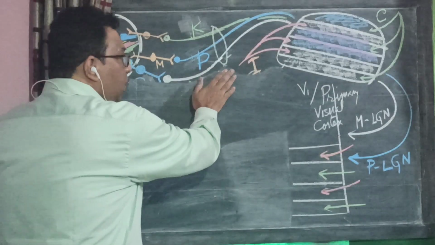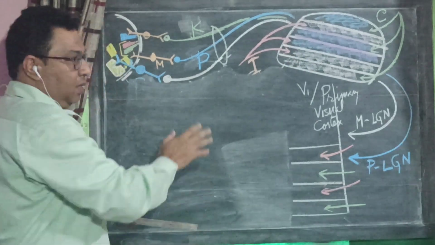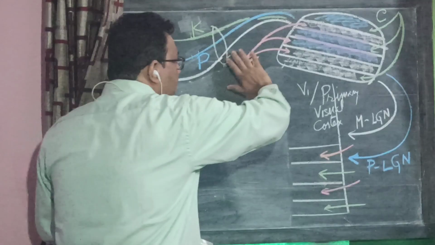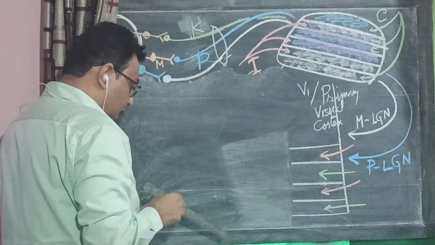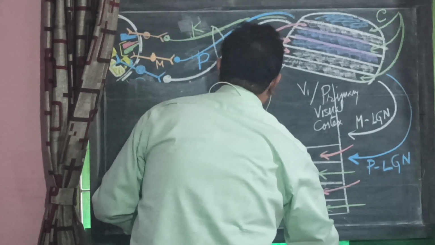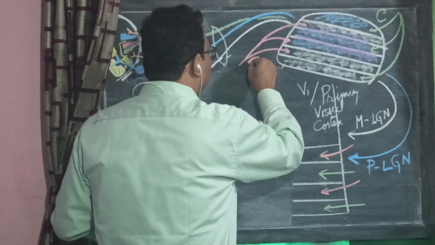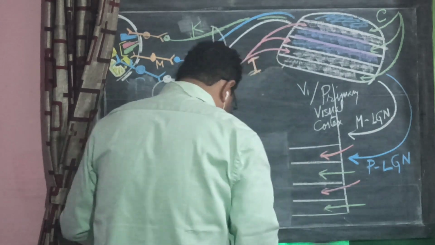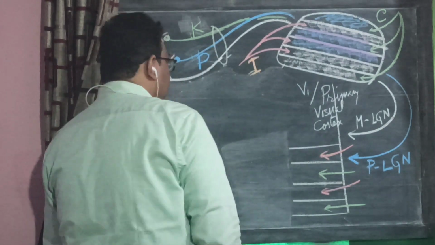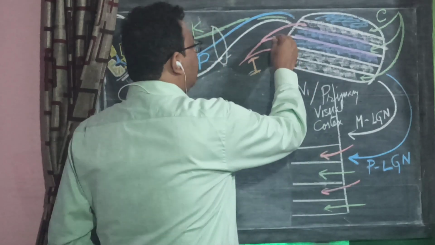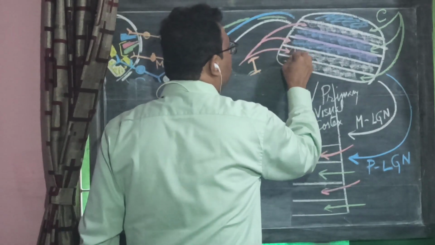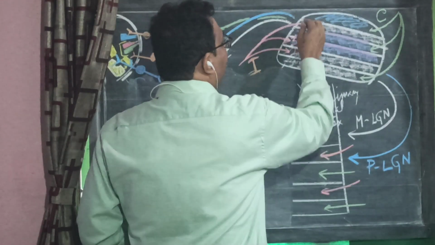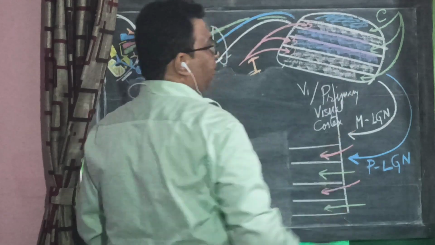The fibers which are coming from the temporal aspect of the eye, the ipsilateral fibers, here signified as I, will be signaling to the second layer, layer 3 and layer 5.